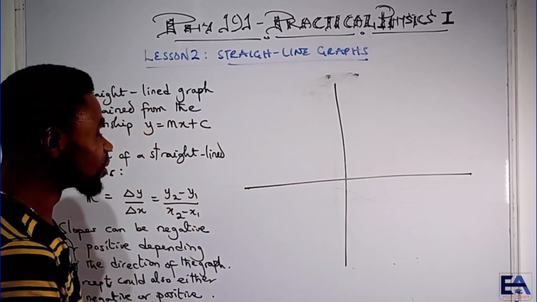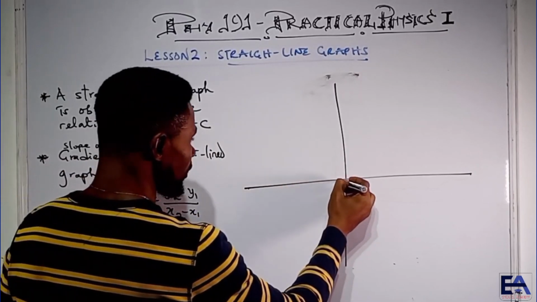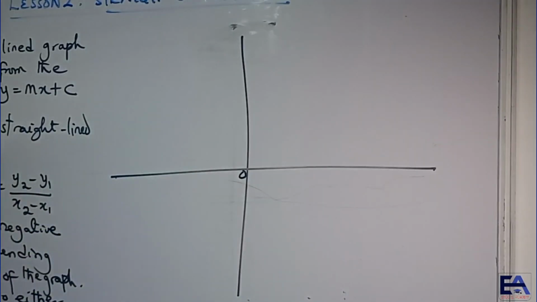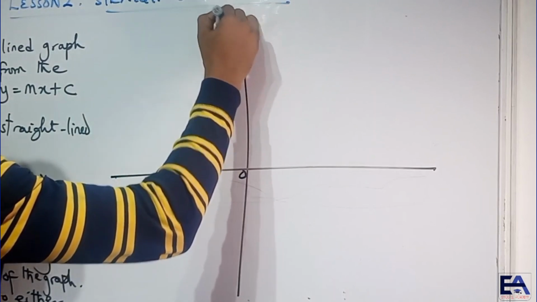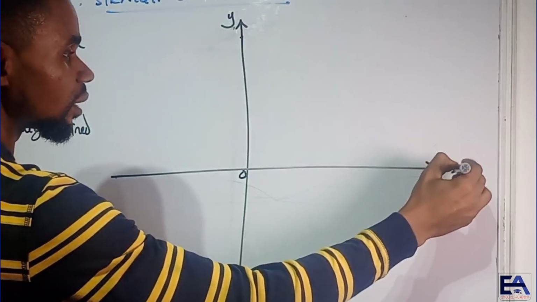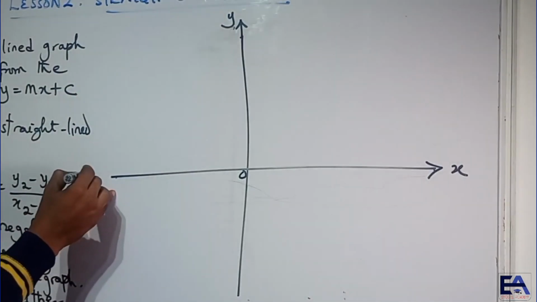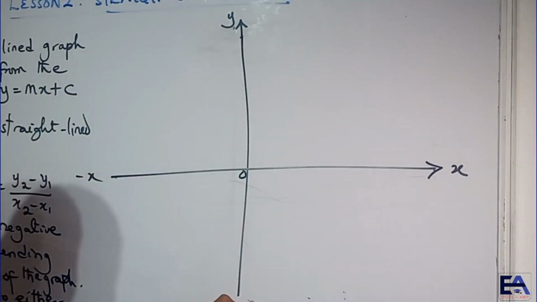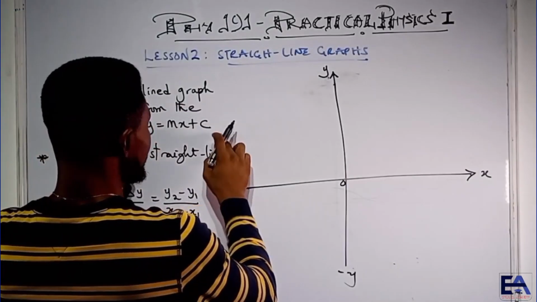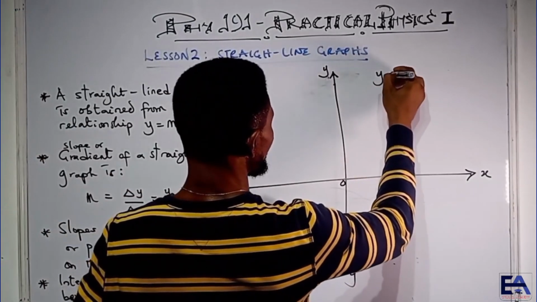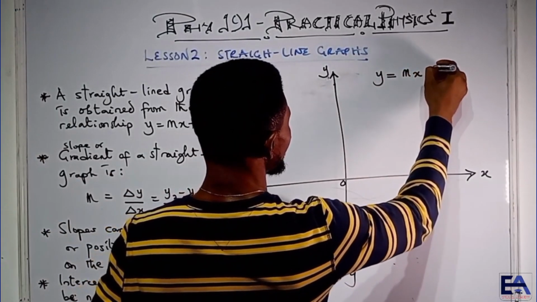This is the origin, this is the y-axis, the x-axis, negative x, negative y, as it is. Looking at this equation, y is equal to mx plus c.